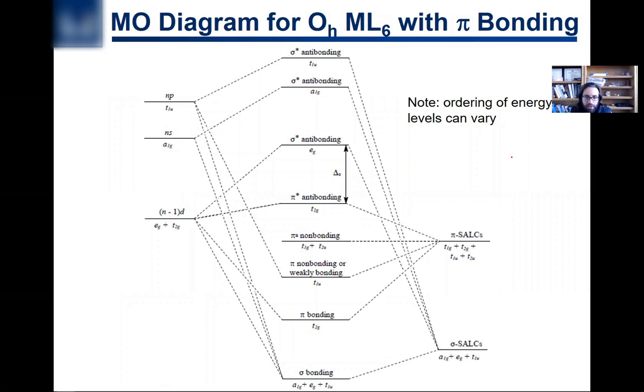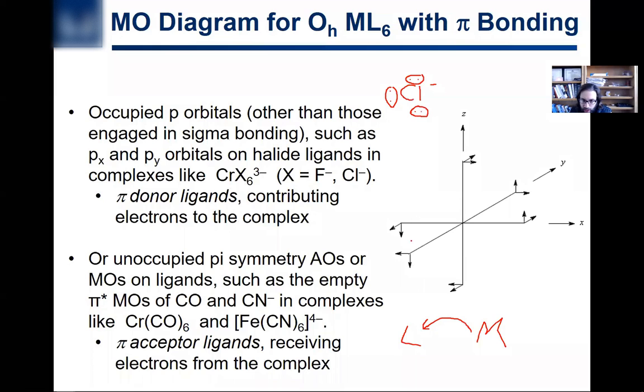So what we can do is now modify our molecular orbital diagram to include pi bonding. And so this is what we have. We have to come up with symmetry adapted linear combinations for the pi bonding orbitals on the ligands. In order to do that, you basically look at how these vectors transform, and you don't have to worry about that in this class.